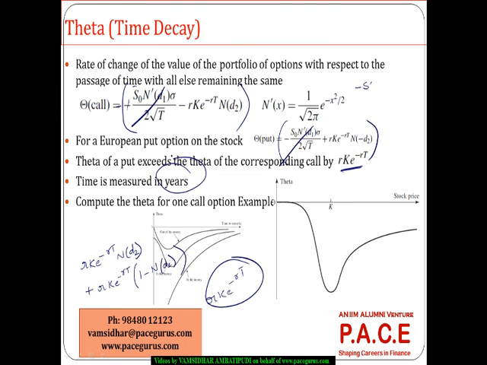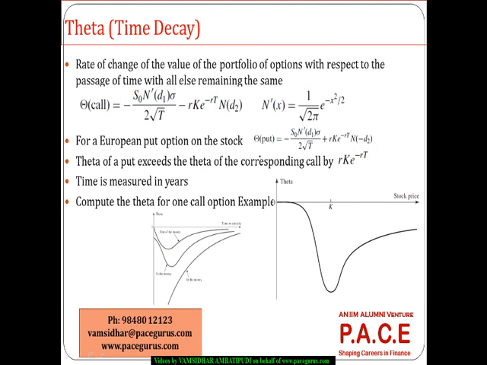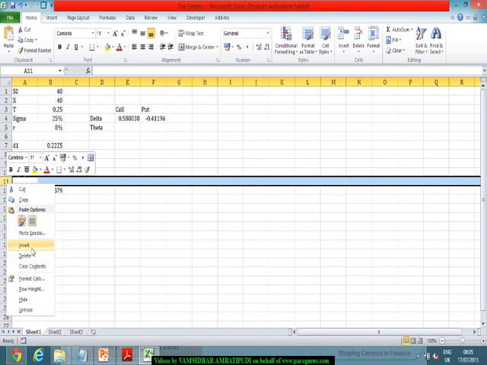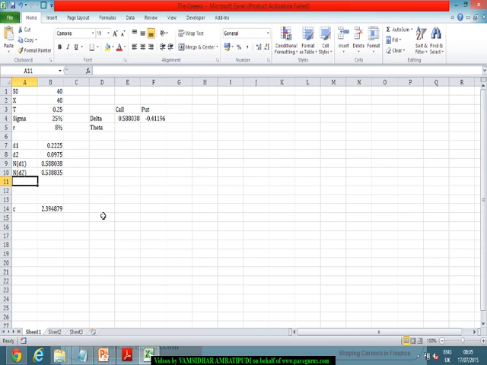Similarly, if I am talking of theta, minus S naught, now first of all I need to find out N dash D1. Rest all we do have. So let me compute N dash D1.